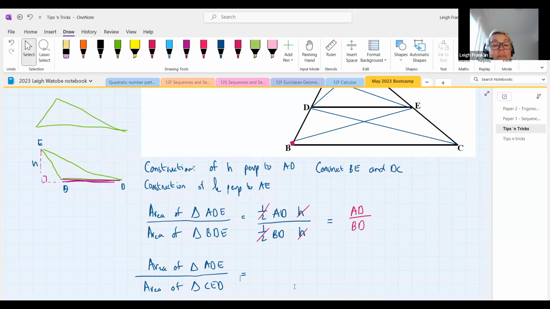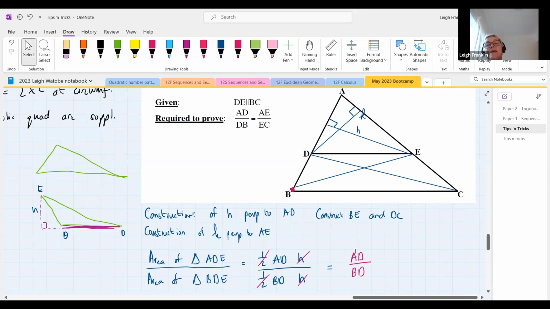So when it comes to ADE, we're now looking at AE as the base, where the perpendicular height is K. So that's going to be half AE times K.